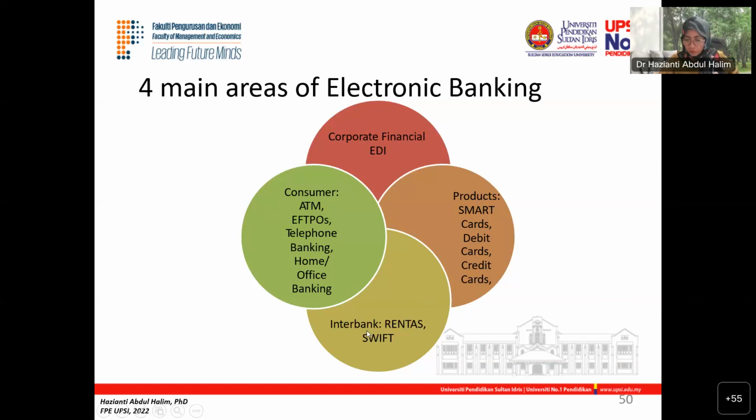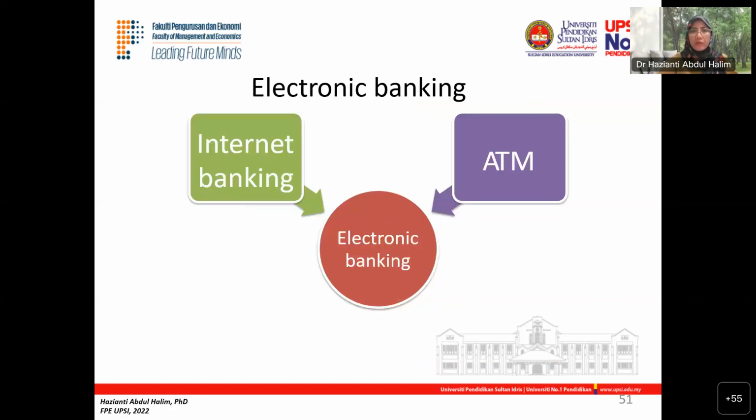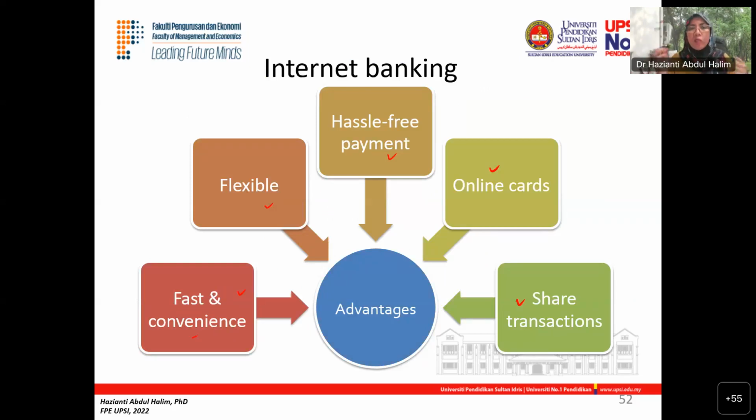Alright, so when we talk about electronic banking, we are actually talking about both ATM dan juga internet banking yang elektronik lah. Untuk ATM ni I think tak payah nak cerita lah kan, semua orang dah. Untuk internet banking ni pun I think you all above 18 so boleh pakai internet banking, below 18 tak boleh pakai lagi.